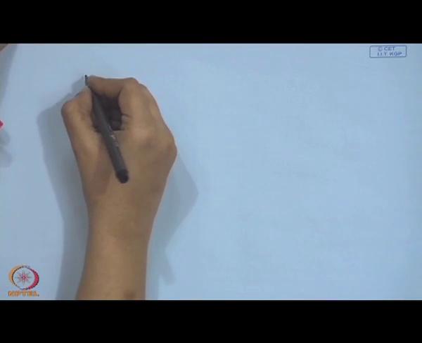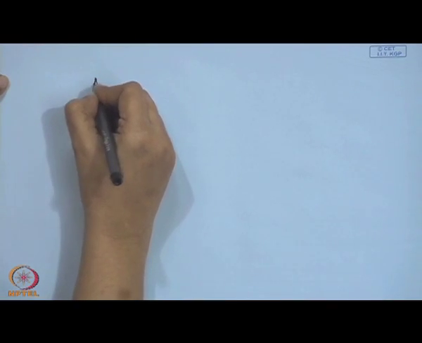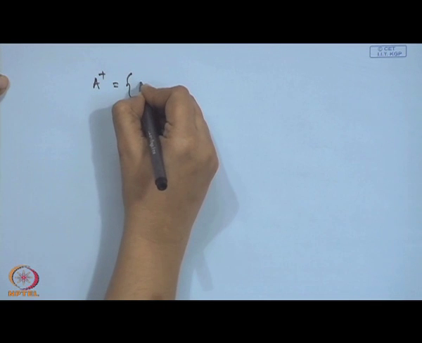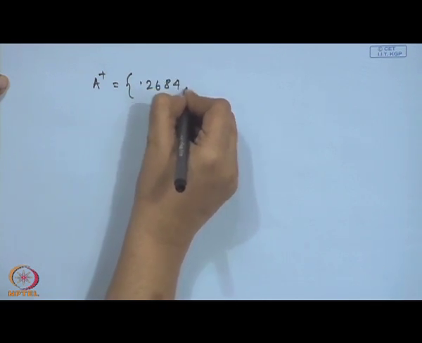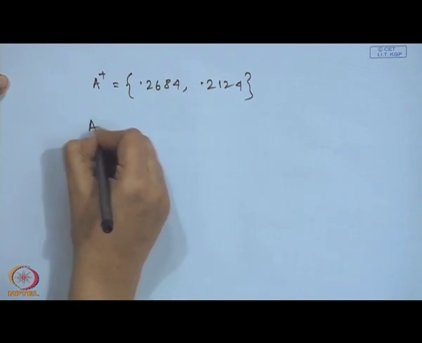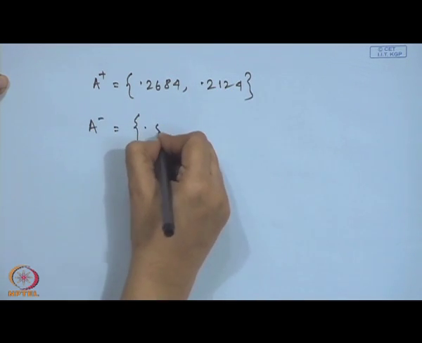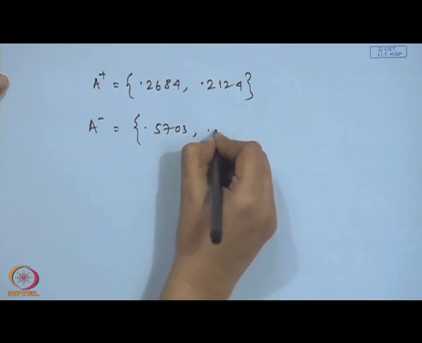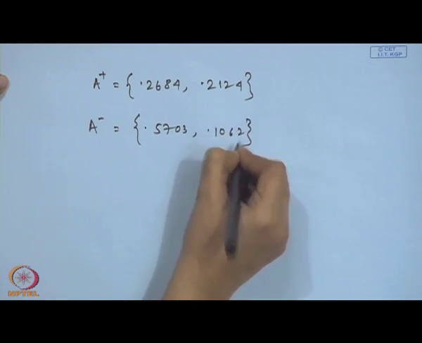We can apply this methodology to the given problem, and we will see the solution. The ideal solution will come as 2 1 2 4, and the anti-ideal will come as 1.